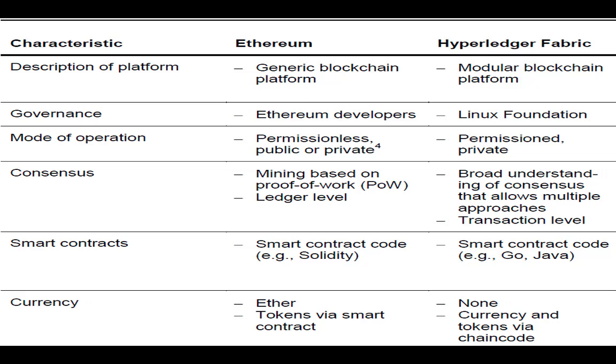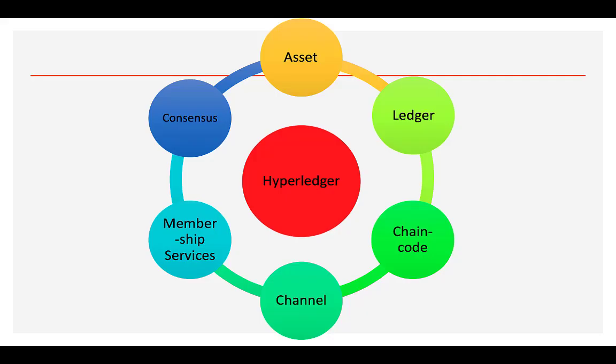There is a native currency in Ethereum, and then you can also create tokens on top of it. Hyperledger has no native currency, and currency as tokens can be developed based on smart contracts or the chain code. So Hyperledger has all these different concepts in it.